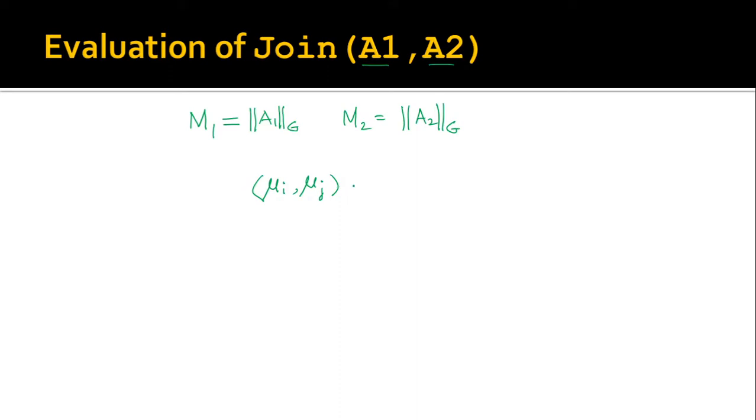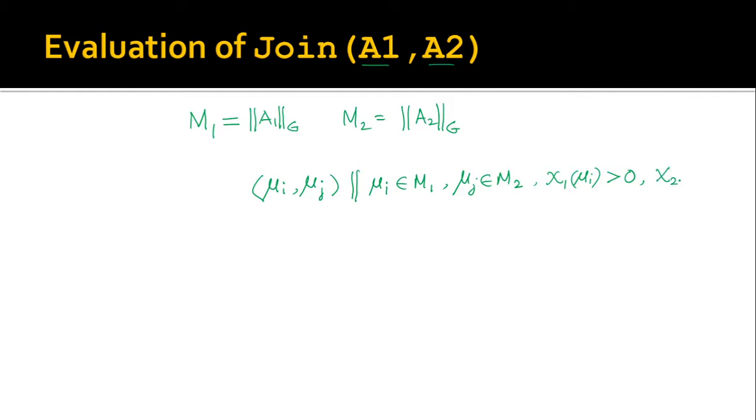And what is the condition? Of course, this mu i should belong to m1, and mu j should belong to m2, and of course you need to ensure that the multiplicity of mu i with respect to m1 should be greater than 0, as if it is not 0, it cannot come into the join operation, right?